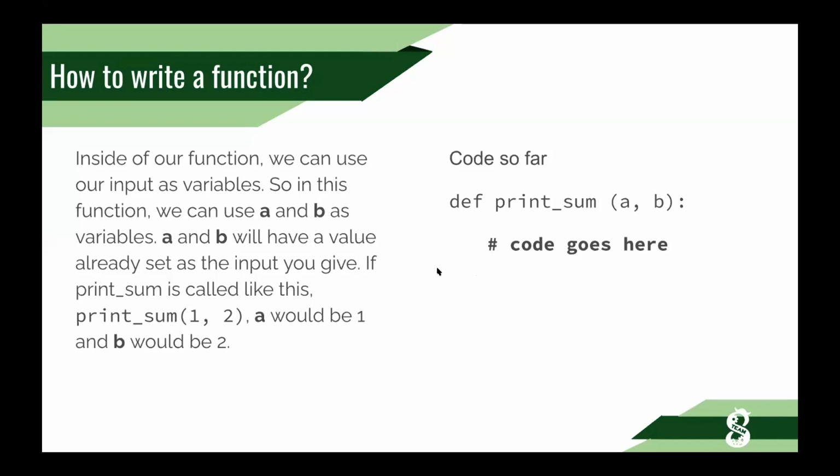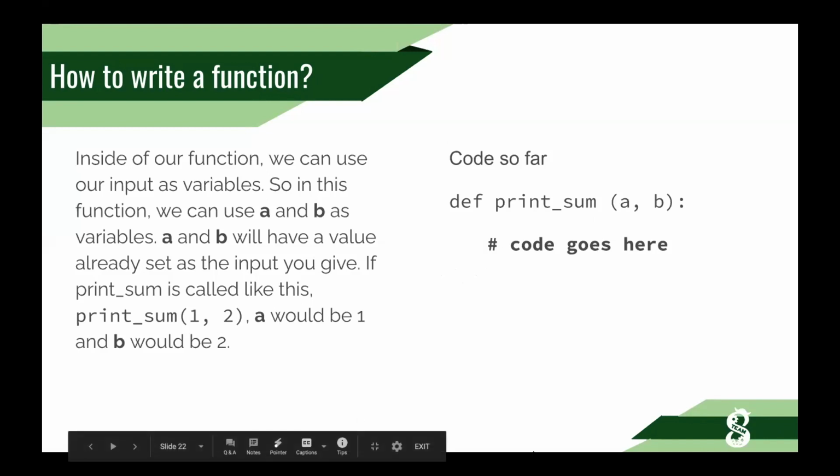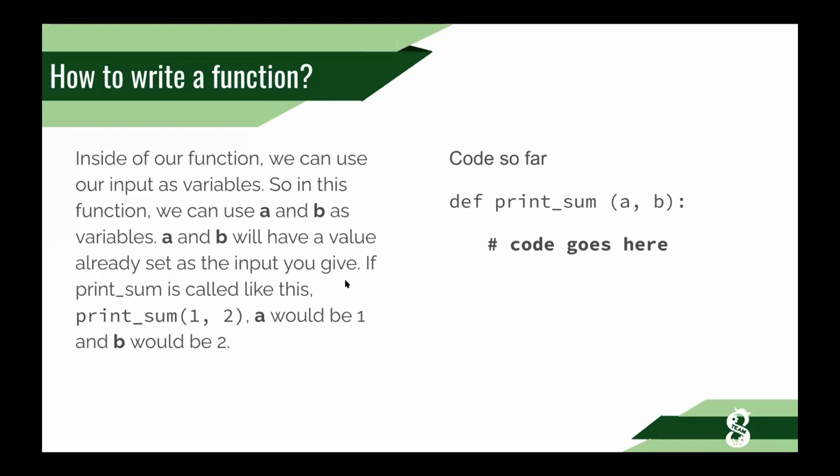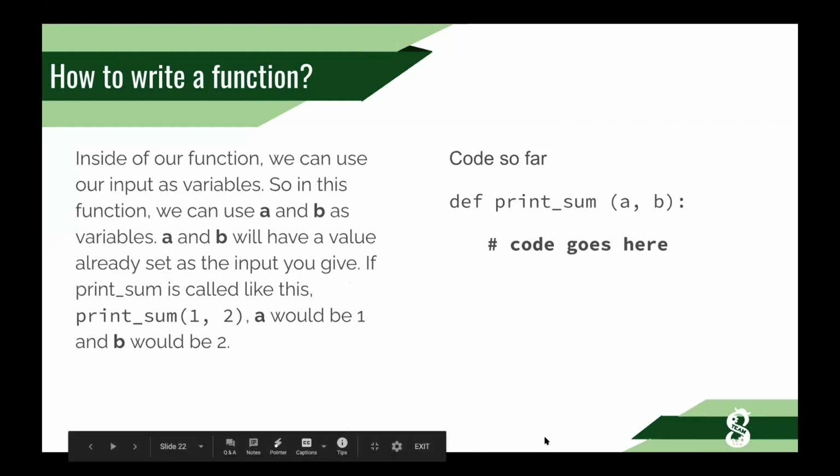So if you call the function printsum with inputs 1 and 2, A would be 1 and B would be 2. This is because A is the first variable inside of here, and the first number is 1, and B is 2 because 2 is the second one and B is the second variable.